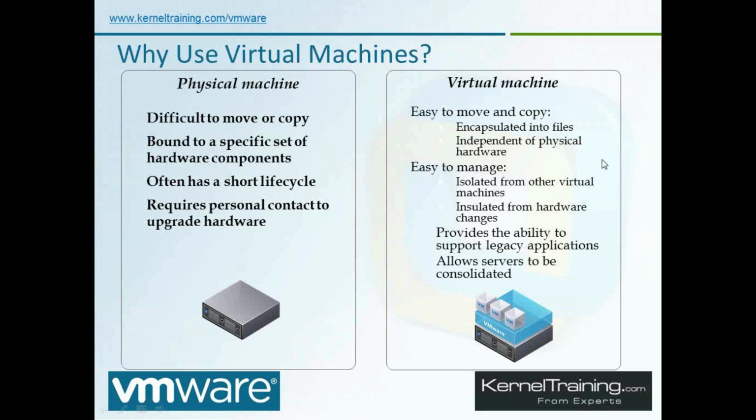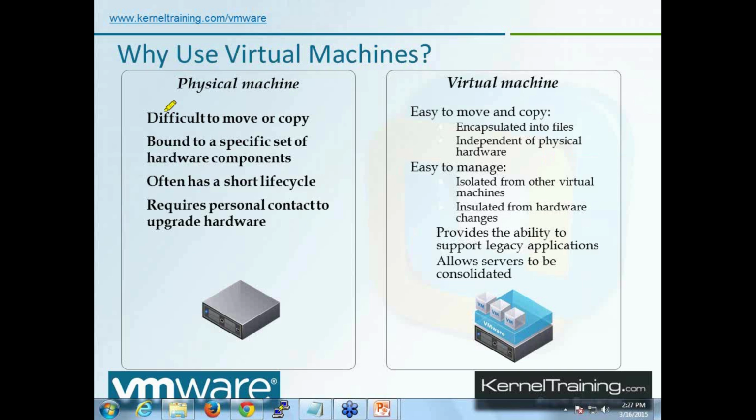Now what is the difference between a physical machine and a virtual machine? Initially, what is a physical machine? A physical machine is a set of hardware. So if I want to move my hardware from one data center to another data center, it involves lots of moving, lots of disconnections and lots of connections. So the moving becomes very difficult. Whereas, what is a virtual machine? A virtual machine is just a combination of files.